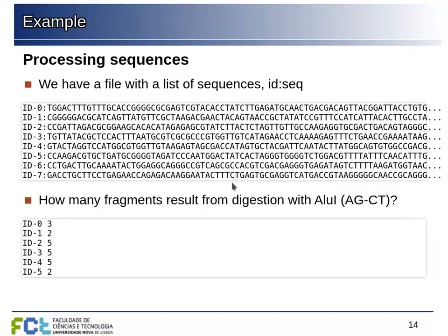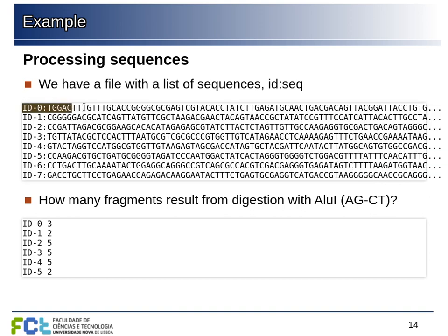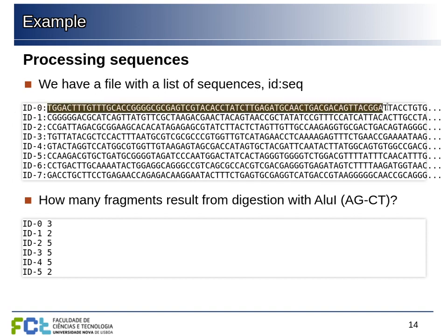Okay, so now let's think of an example that is a bit more realistic, but using the same kind of approach. Suppose we have a file with a list of sequences, so each line of our text file contains 1 identifier, then a colon, and then the sequence corresponding to that identifier.